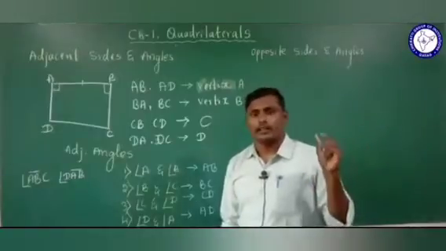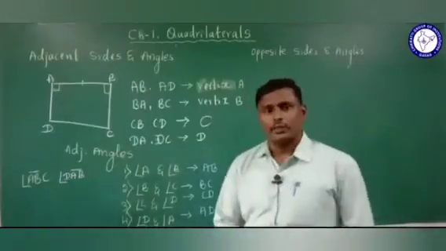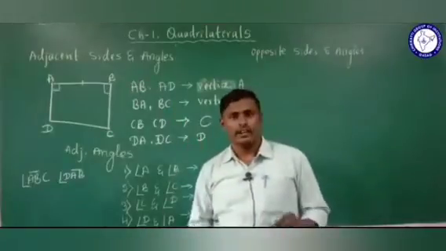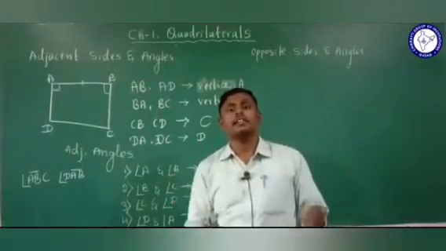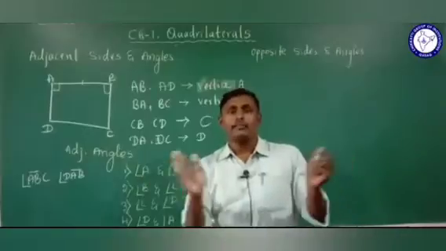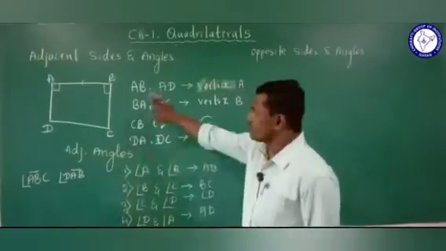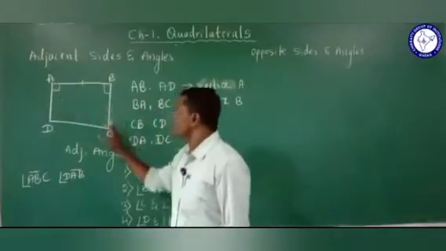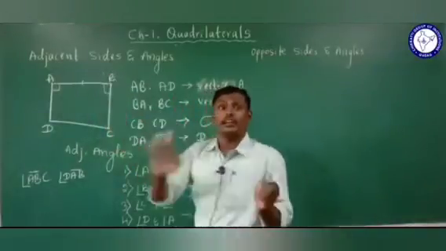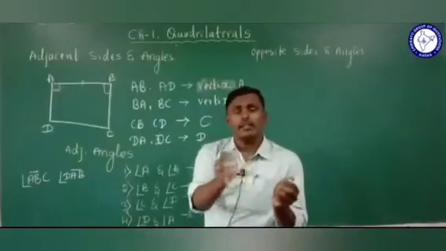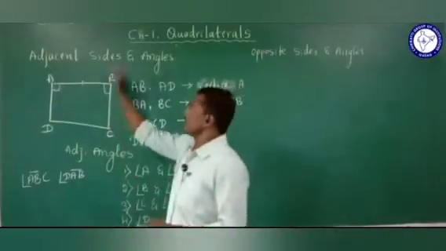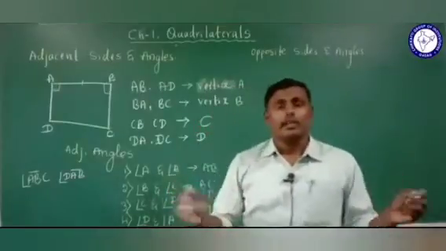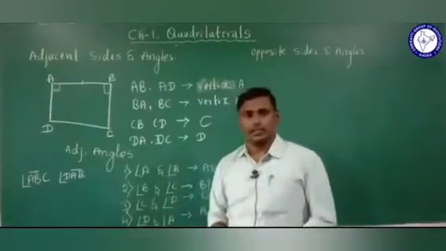In simple words, adjacent sides and adjacent angles are formed by side to side only. Just observe AB and BC. These two sides are formed by their sides only, right? So usually adjacent sides and adjacent angles are formed by the same side or side by side only. Clear?